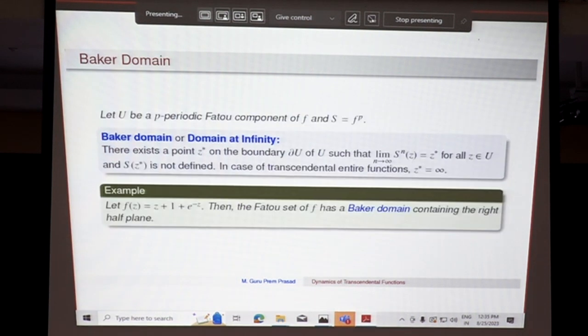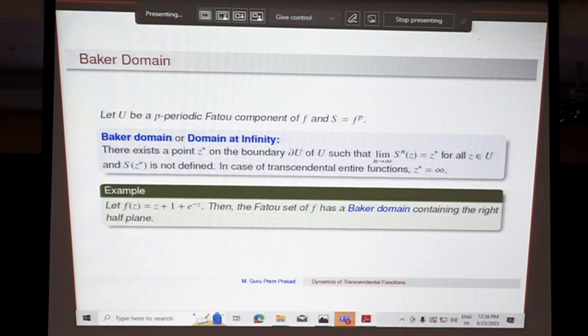So, the last one, there is a possibility of a Fatou component for which there is a point z star on the boundary such that the sequence of iterates converges to z star, but f of z star is not defined. So, that is called Baker domain or sometimes called domain at infinity. Obviously you are looking at a point z star for which the function is not defined. For polynomials it is defined everywhere, even at infinity we take P of infinity equal to infinity.